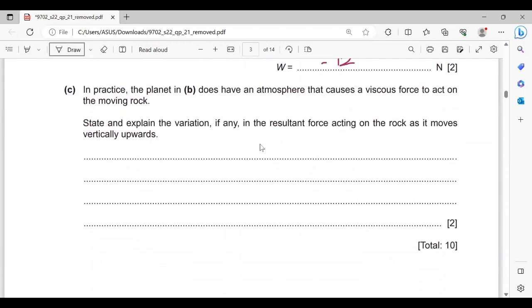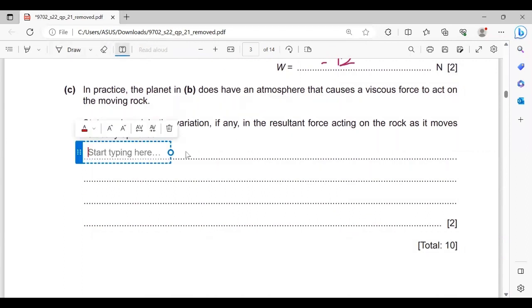Okay, so if velocity decreases, viscous force as well decreases.